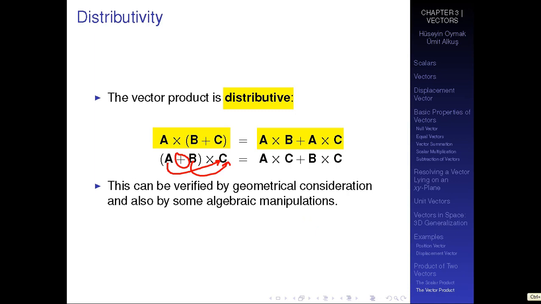So these are the basic properties of the vector product of two vectors, and it is time to discuss an application of the vector product.